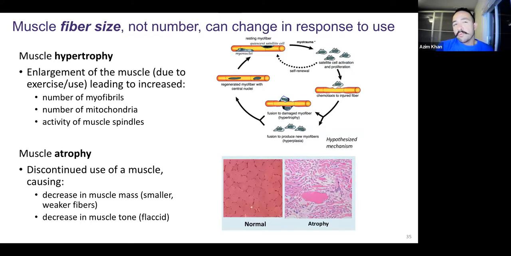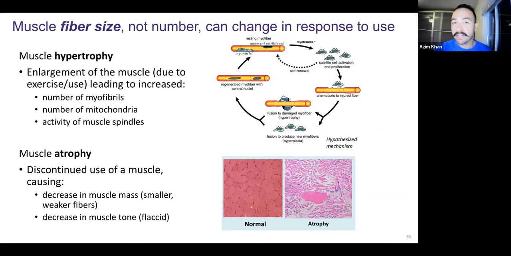When we look at the size of muscle fibers, what's interesting is that it's our muscle fibers getting bigger or smaller. It's rarely that we get more or fewer muscle fibers when we gain or lose strength. Muscle fibers increase in size due to use.